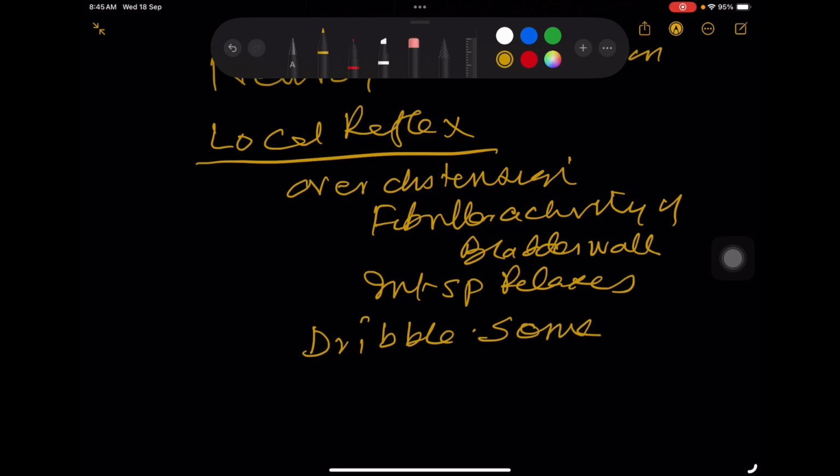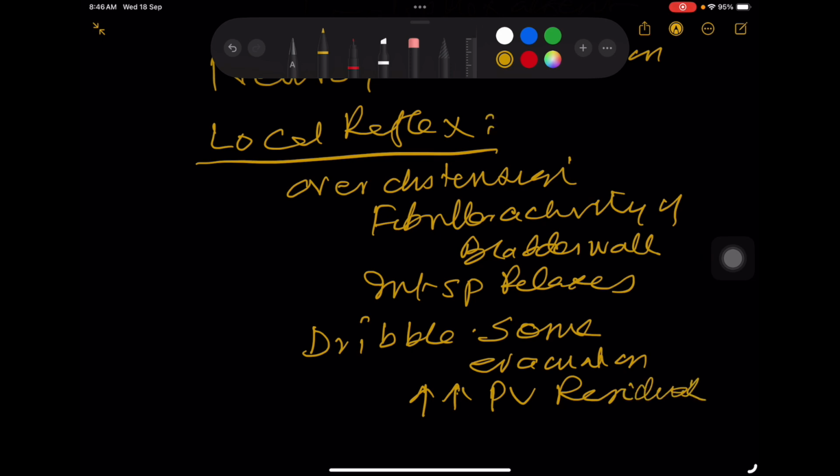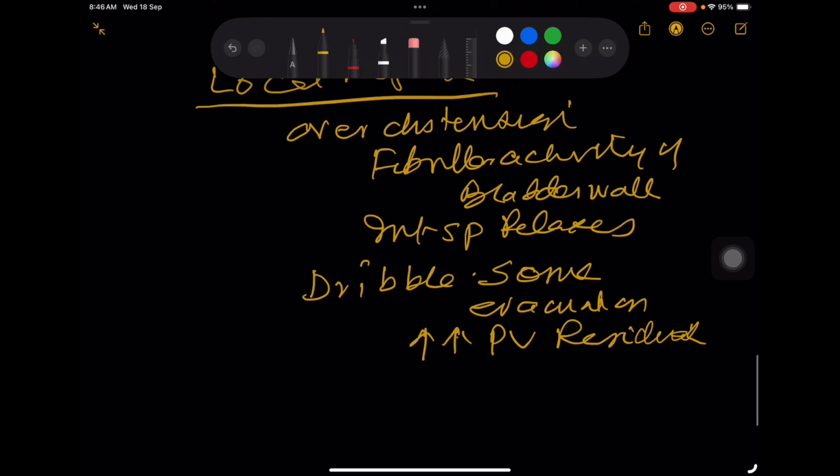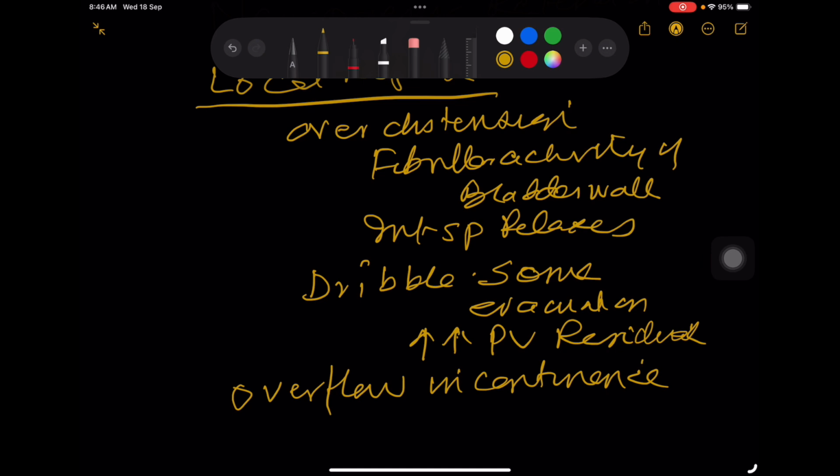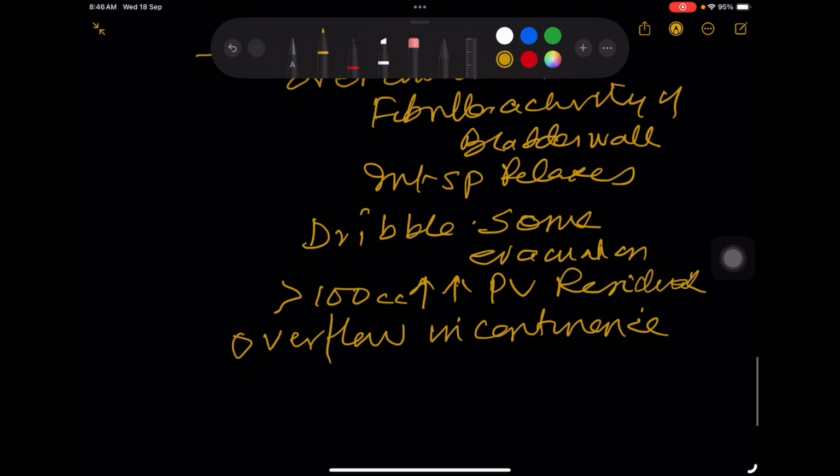Some evacuation. Therefore, high post-void residual. So this is when the local reflexes become active, and this is called as overflow incontinence. And this increase in post-void residual is at least more than 100 cc. And such a bladder is called as autonomous bladder.